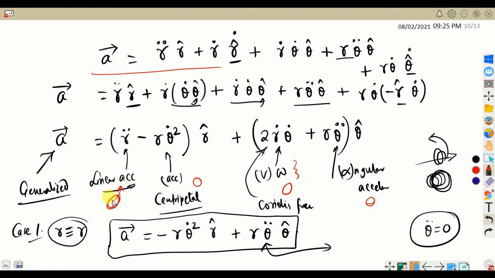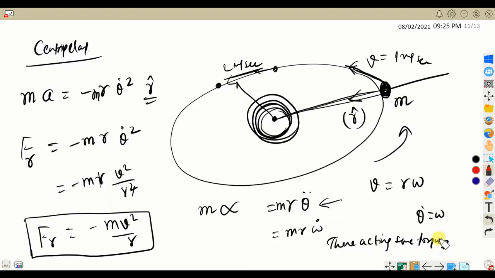Let's say linear acceleration is not there, therefore we say that r is not a function of time, therefore we have centripetal acceleration, and as well, if this particle is having some kind of force which is involved in changing the velocity, this we call tangential velocity. So if tangential velocity keeps on changing, it means that some force is acting on it. In centripetal force, if it is moving in a circle, we have this radial force, which we call centripetal force, mv square by r. So this has the direction here.